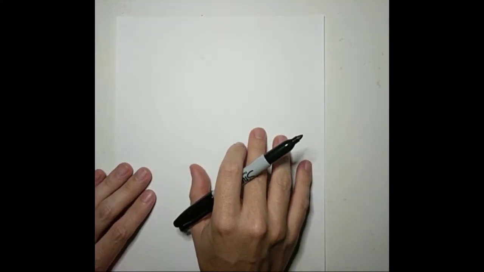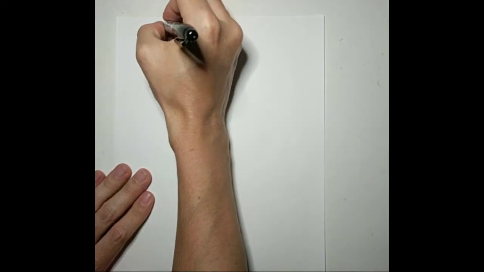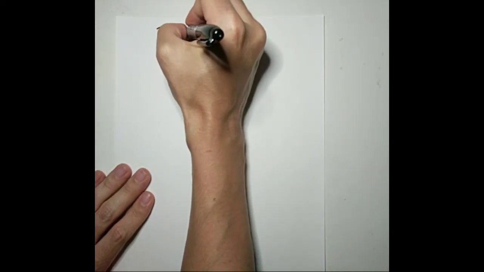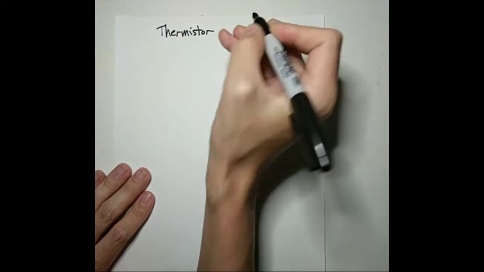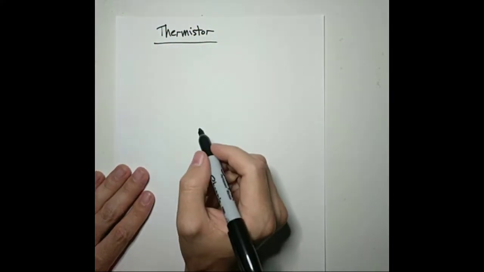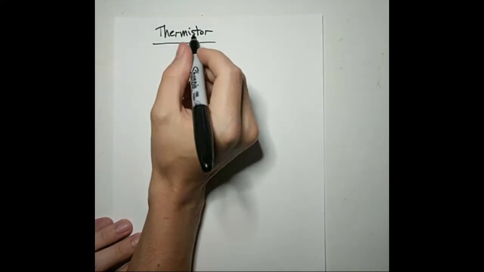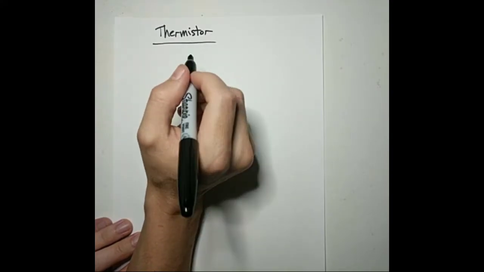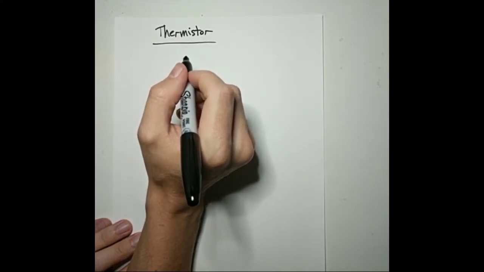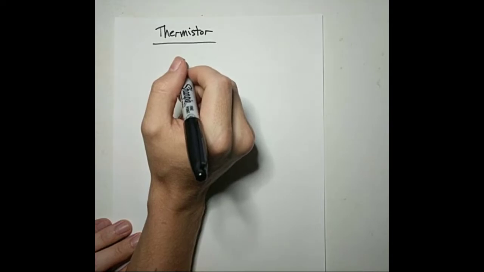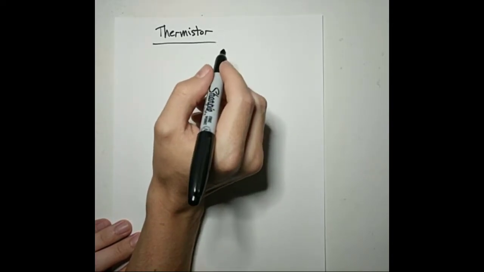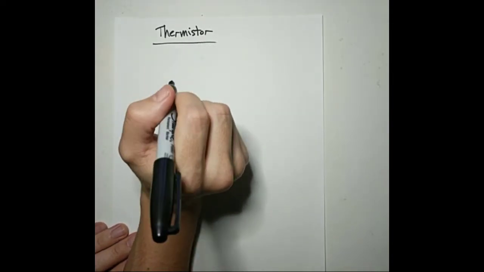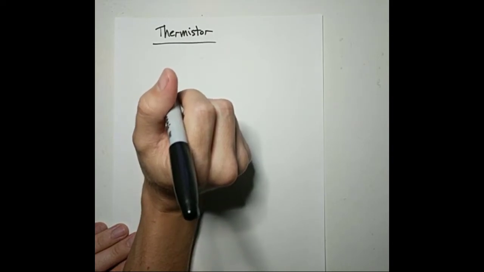Okay. Another thing we're going to look at in this lab is something called a thermistor. So a thermistor is a temperature sensor that is resistance based. So they're semiconductor materials. As their temperature changes, their resistance also changes.